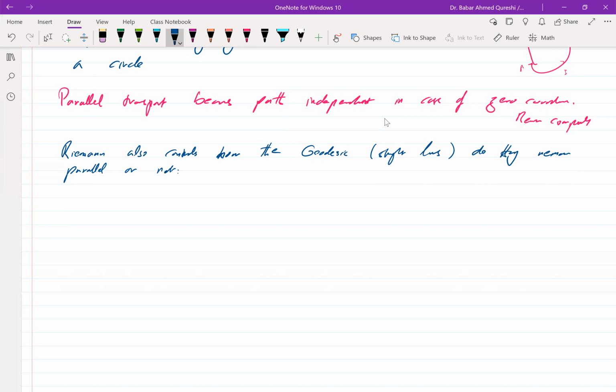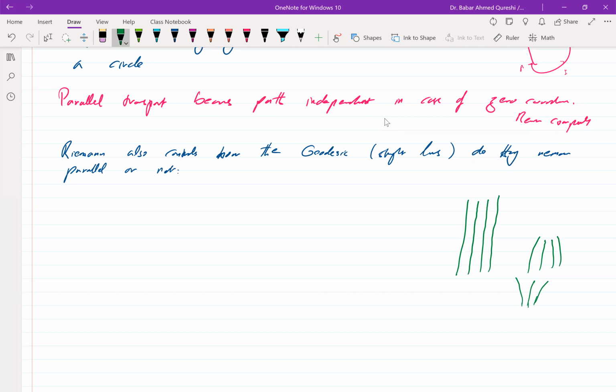Okay, so now we know that if you have parallel lines which are initially parallel, they will remain parallel in flat space, but if it's curved, they may converge or they may diverge like that.